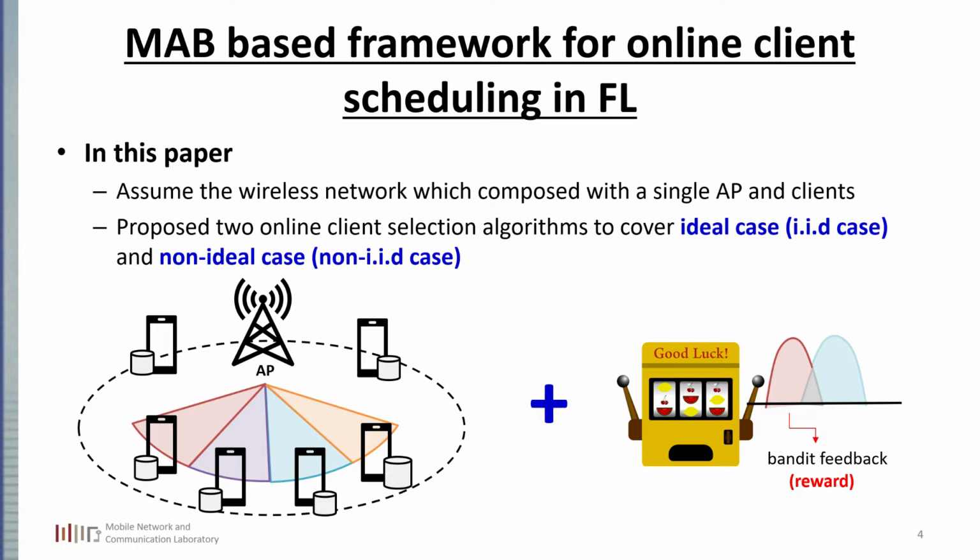The ideal scenario is where local data sets of clients are independent and identically distributed, and where the data sets of clients are balanced. And then to address non-ideal scenarios with non-IID and unbalanced local data sets and varying availability of clients, they further propose a CS algorithm based on the UCB policy and virtual queue technique. It is called CS-UCB-Q.